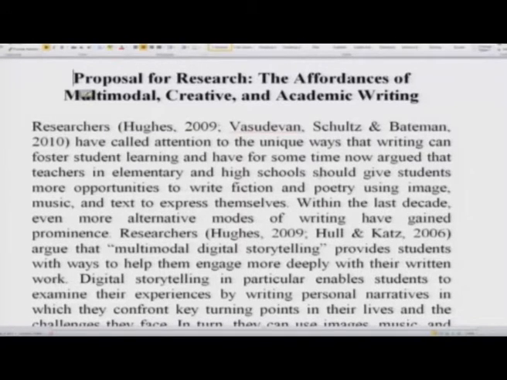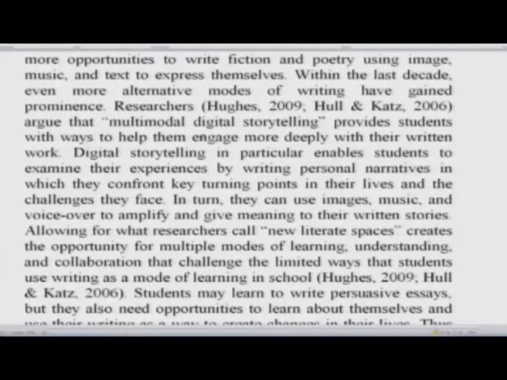Elementary and high school students should be given an opportunity by teachers to write fiction and poetry using multimodal things, image, music and text to express themselves. This is not the claim of the person who is submitting this proposal. This is what some previous researchers have argued for. So, this is the introduction to the field.